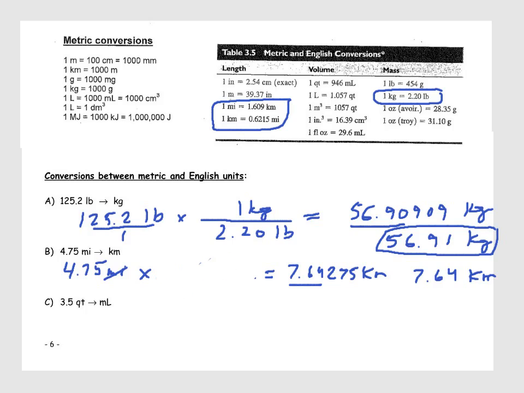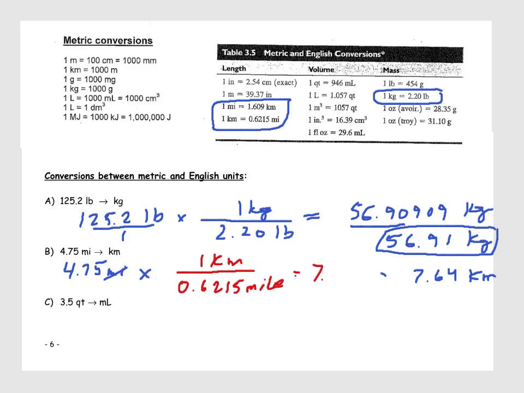If you had chosen to use the other conversion factor, I will show you that. We're going to get a slightly different setup, but let's look at the difference. If I had used 1 kilometer on the top and 0.6215 miles on the bottom, on your calculator, you would have taken the 4.75 times by 1, and then divided it by the 0.6215.